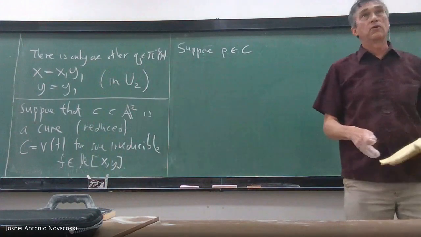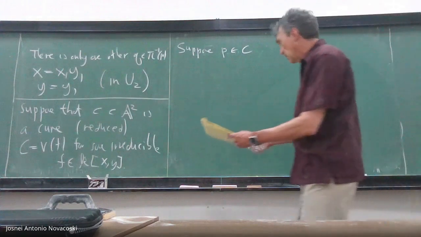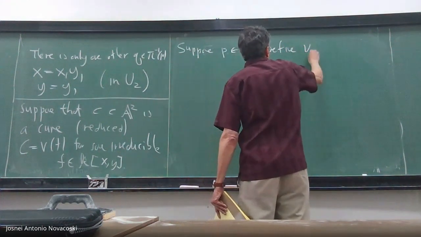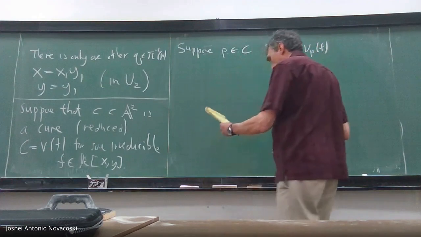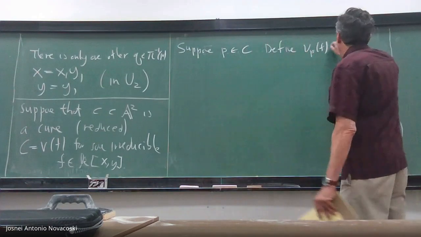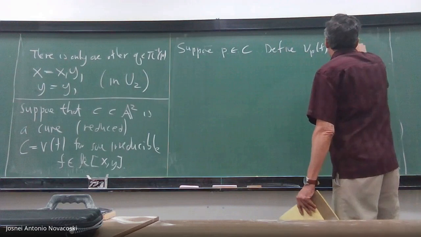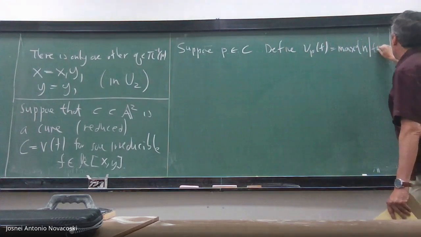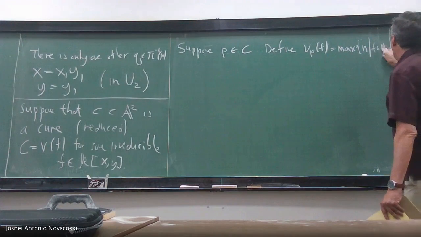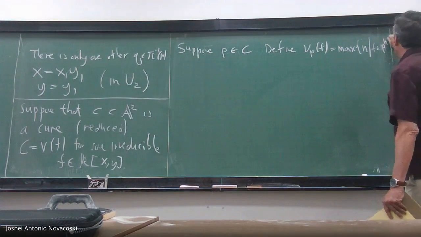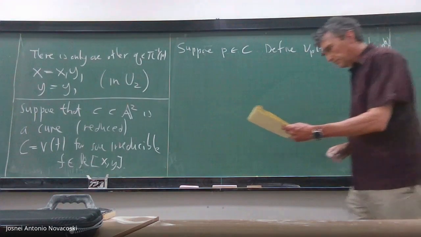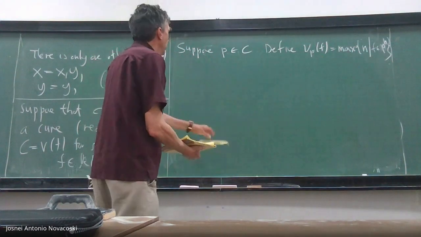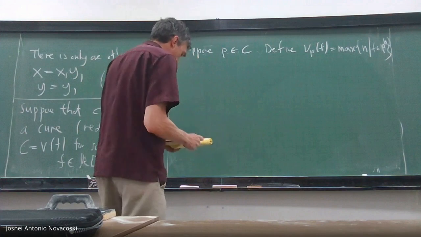We can change variables to make it the origin, and define a function, which is in fact evaluation on the polynomial ring, equal to the maximum n such that F is in the maximal ideal P to the n. Remember P is the maximal ideal.